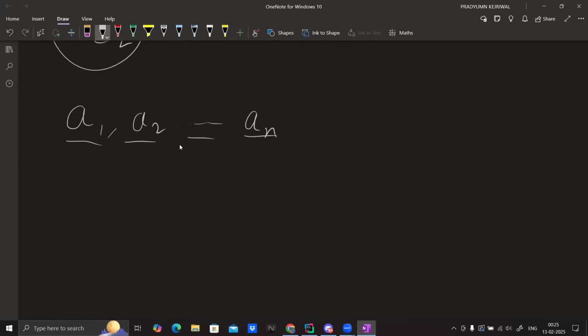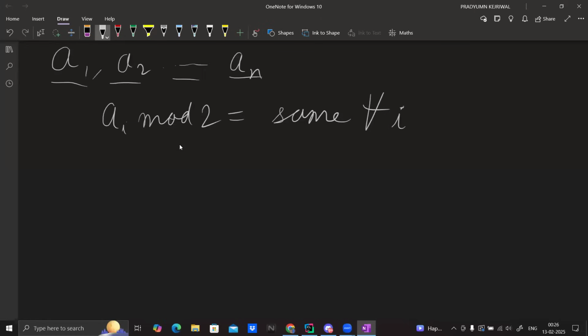Because if it were different, like one was even and one was odd, then you could just take even plus odd, right? So this is for 2. Basically, we want A_i mod 2 to be the same for all i. This is one condition. If this happens, then we cannot take a subsequence of length 2, right?